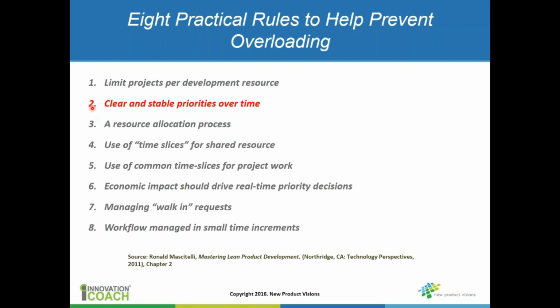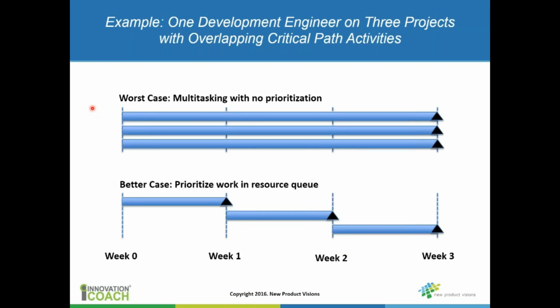It doesn't mean that you never change your mind, but if you're constantly changing your mind on projects day in and day out, then you will never be able to manage the resources. So those priorities have to be relatively stable over time.